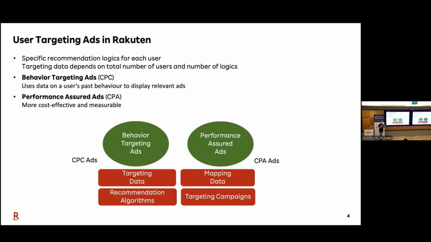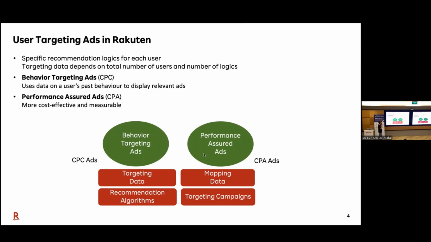That means when a user sees ads, he is interested in that because he thinks it is relevant. He clicks in and sees the item, adds to cart, makes payments. That is one conversion that merchants pay for. So this is called performance assured ads, and the cost model is called cost per action.